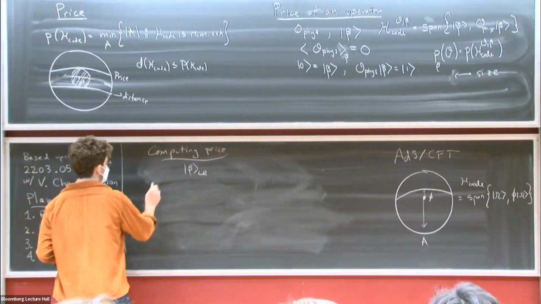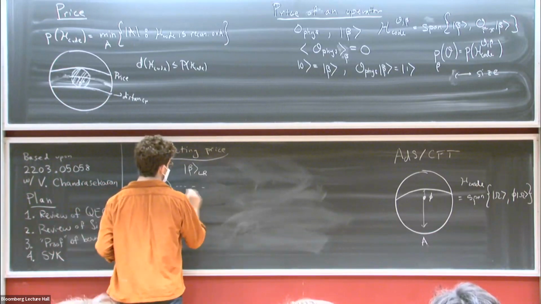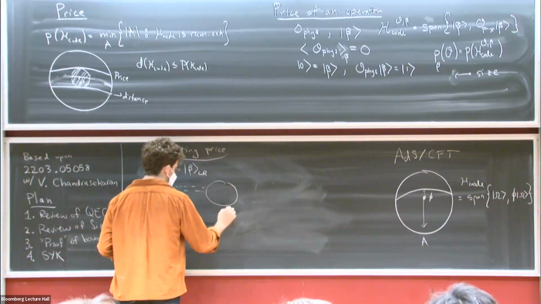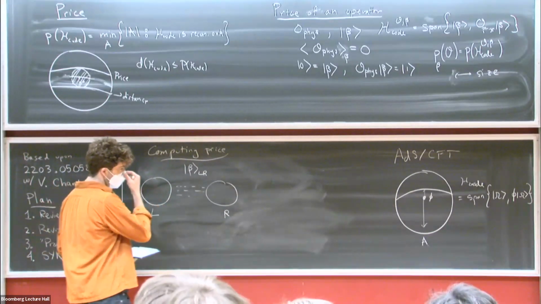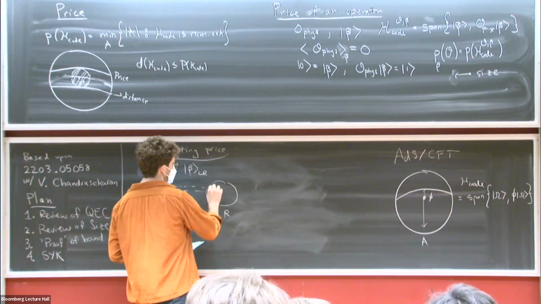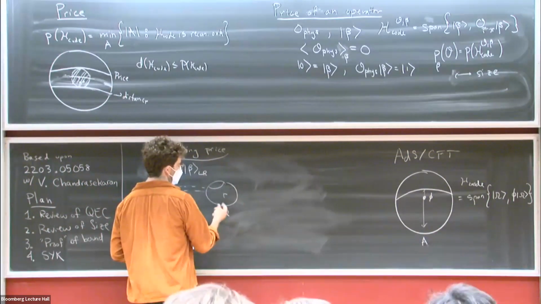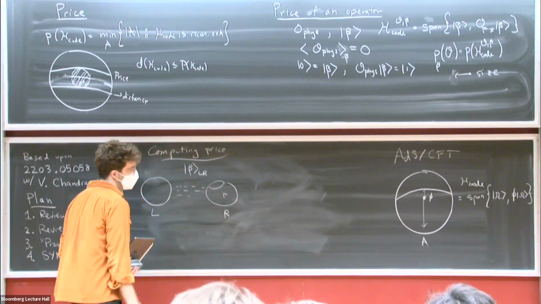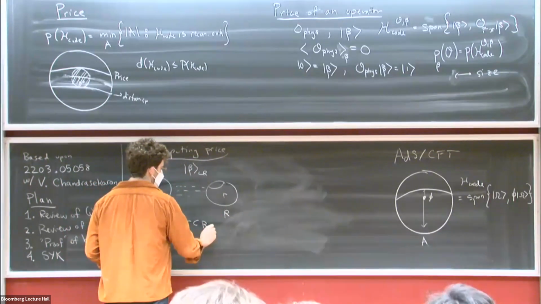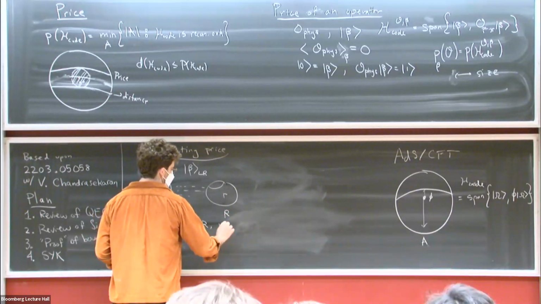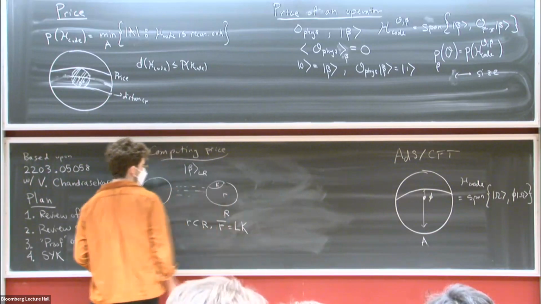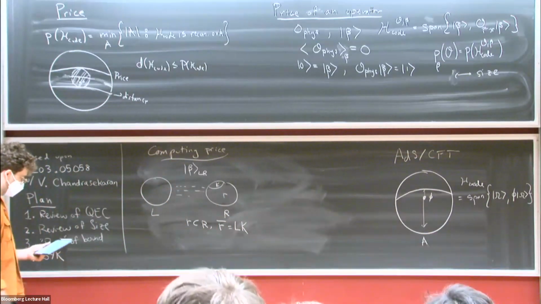So it's defined on two systems, or two copies of the same system, the left and then the right. And the question we're going to ask is, let's say I act an operator. I want to find the smallest region little r such that I can still reconstruct the operator. So little r is a subset of big R. And the notation we use is that the complement of little r is L union K.